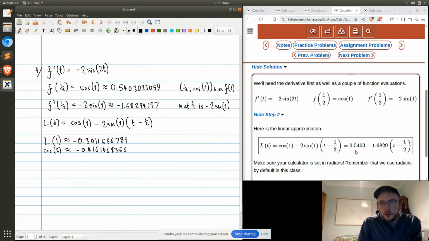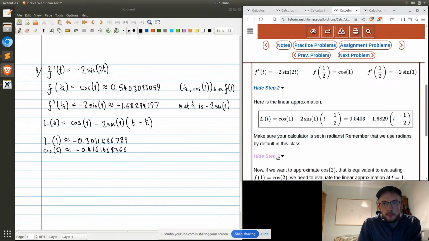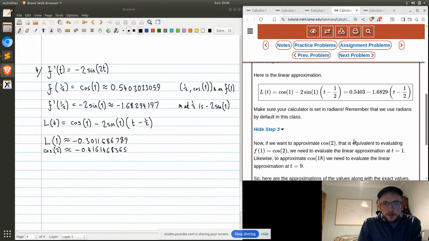And now he chooses to approximate. So I guess he just does it whenever he wants. Whereas before it was all in exact values the entire time, but whatever. Yes, it is approximating f of 1 for that.